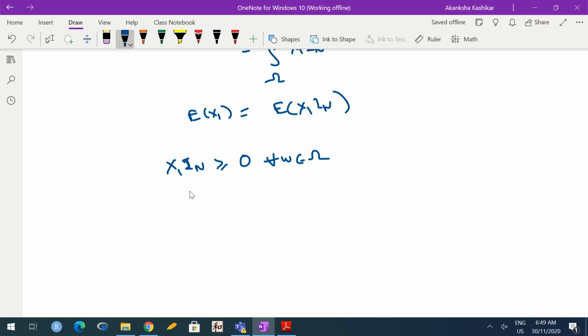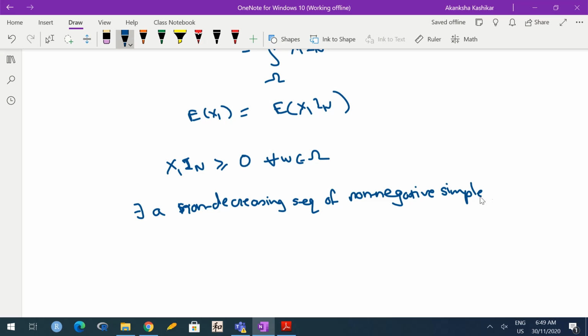Okay. So now that this is a non-negative random variable, there exists a non-decreasing sequence of non-negative simple random variables.